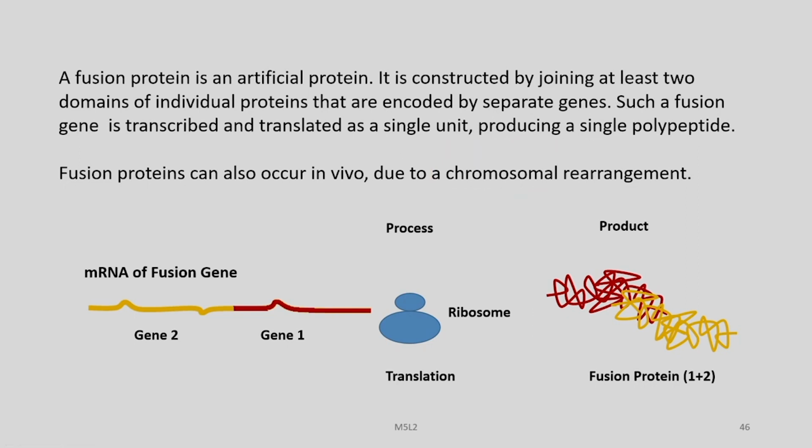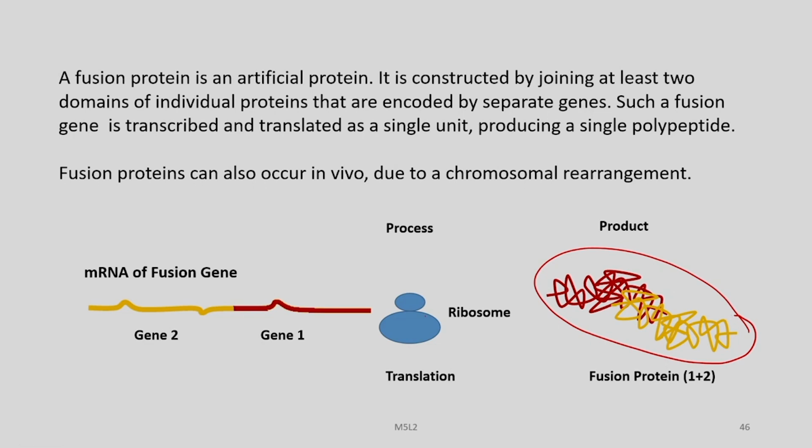This is the mRNA of a fusion gene. We have gene 1 here, which is contiguous to gene 2, and as it reaches the ribosome for the translation process, we get a product of two proteins which are covalently bound to one another.